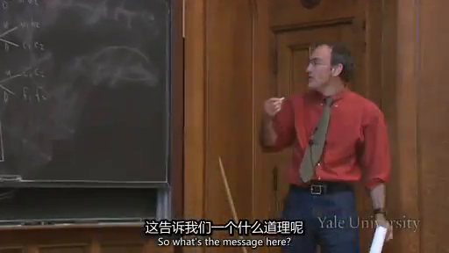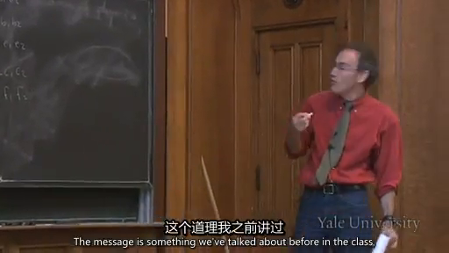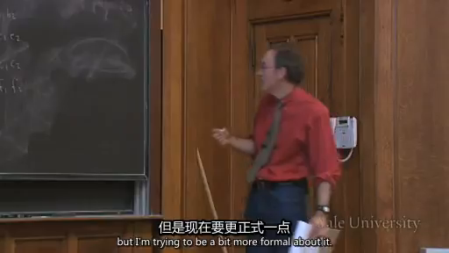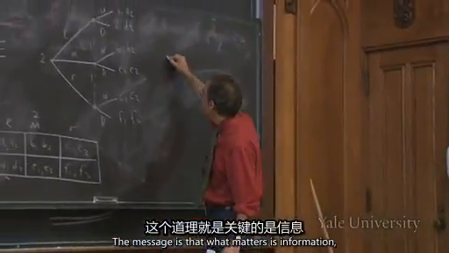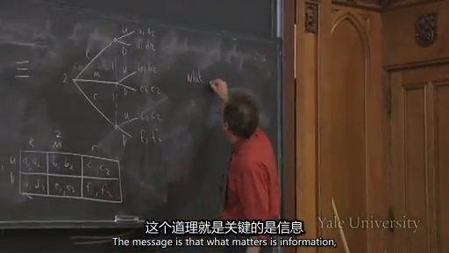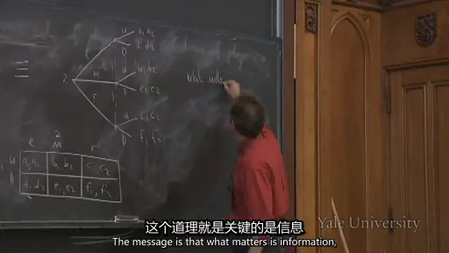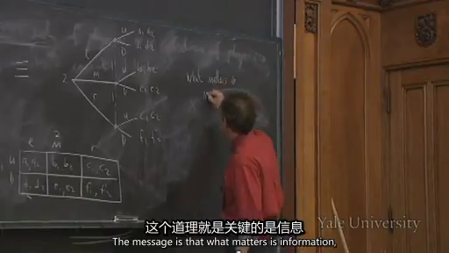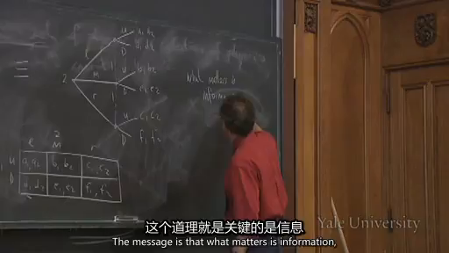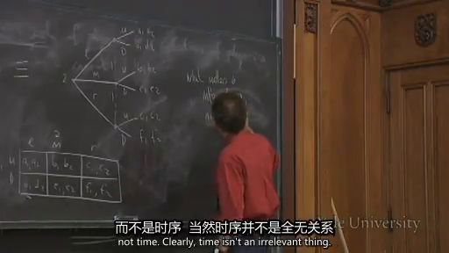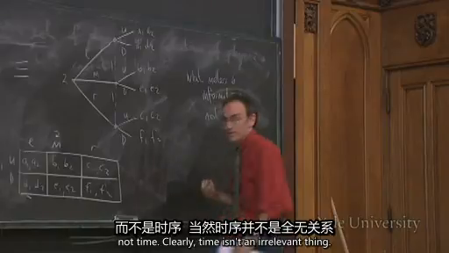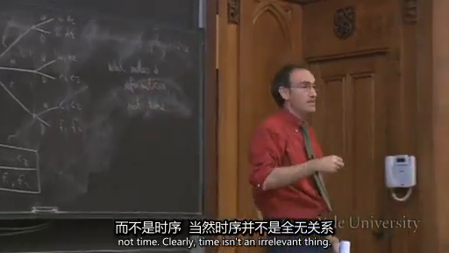All right? So what's the message here? The message is something we've talked about before in the class, but I'm trying to be a bit more formal about it. The message is that what matters is information, not time.